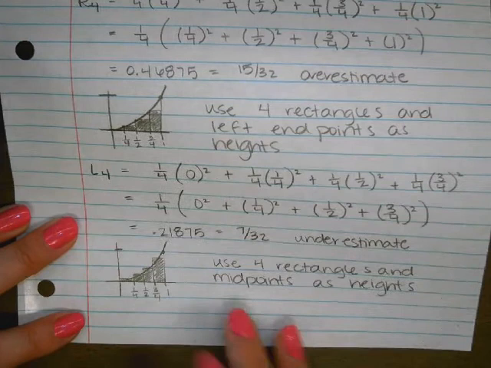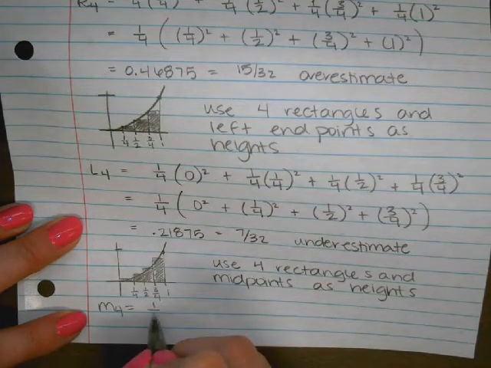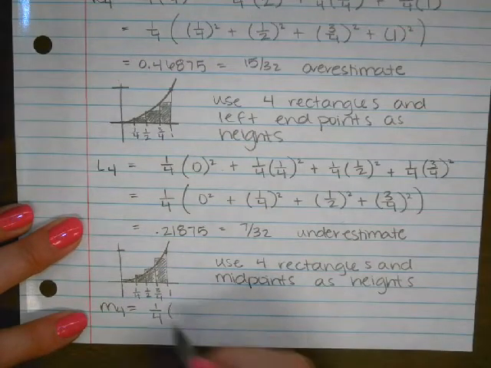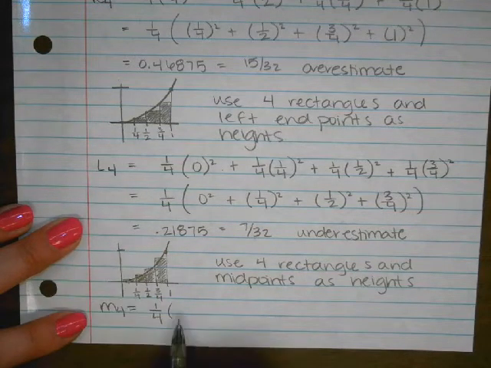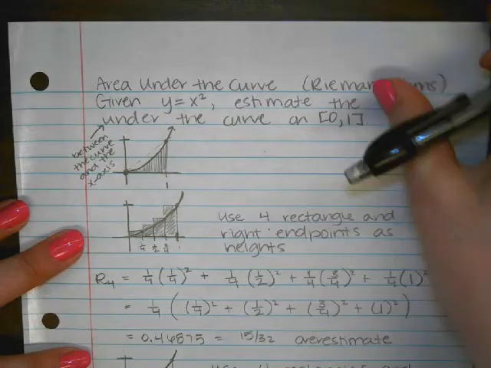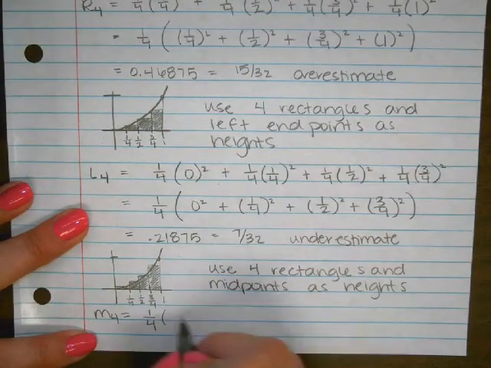Okay, so M sub 4 is a width of 1/4 for the rectangle, and then the height would be the middle of 0 and 1/4. So halfway between that would be 1/8. And to get the height, I'm taking the 1/8, I'm plugging it into the equation because that 1/8 is a point on the curve, which means it's a y-coordinate.